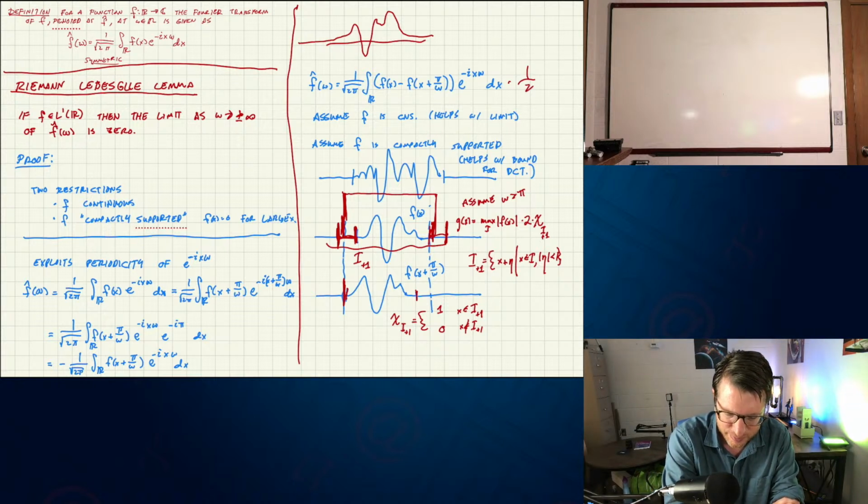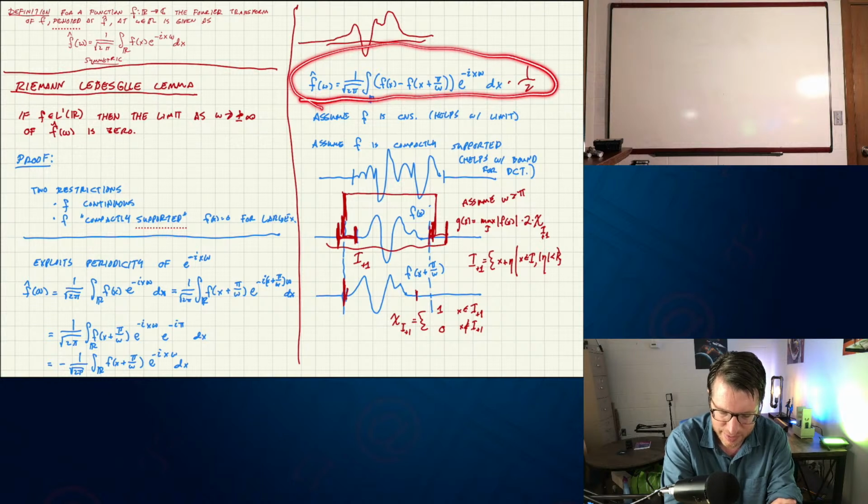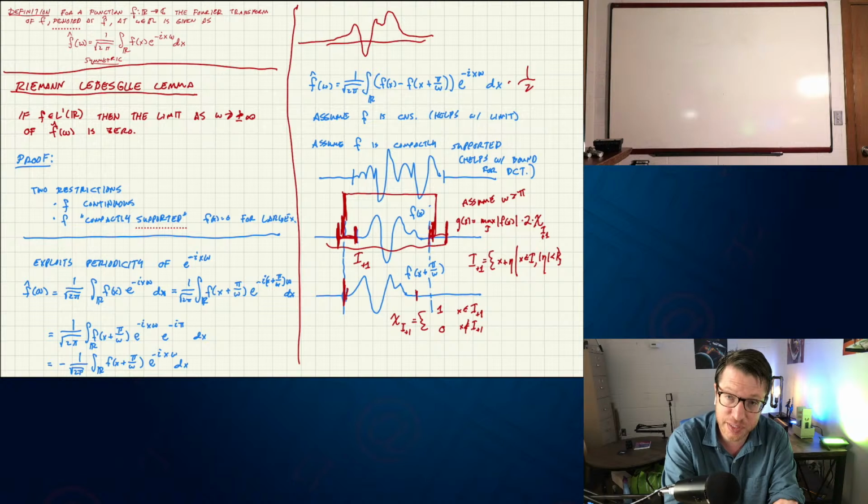And so we end up having this representation of the Fourier transform, and we'd like to say it goes to 0. We can see that if f was continuous, this term goes to 0, which is why we need the continuity.